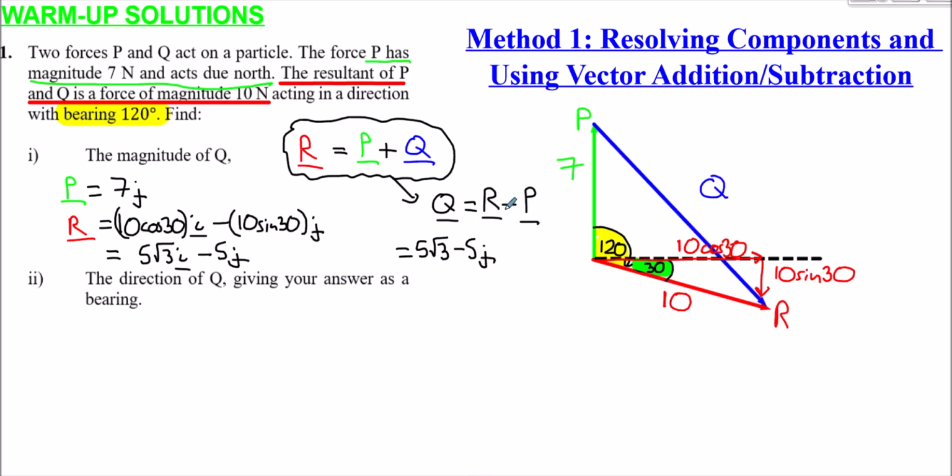Then if I subtract p again, I'm subtracting a further 7j. So this gives, say that's i, apologies, that's i. So we have 5 root 3 i minus 12j.